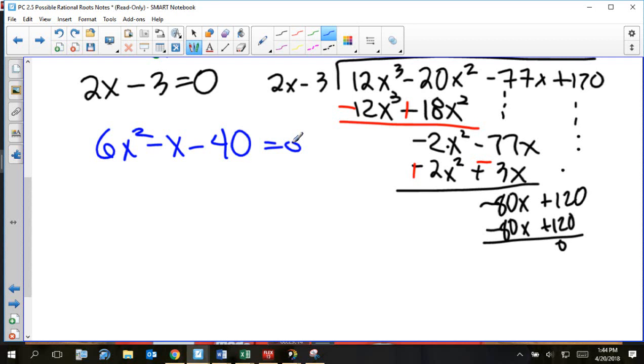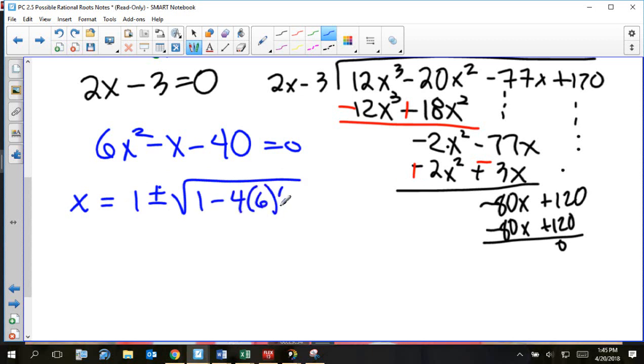We've already gotten this far. We're going to use either the quadratic formula or maybe factoring. I do not remember if this one factors, so I'm just going to do the quadratic formula. You guys have a calculator, so big numbers are okay. This one would be 1 minus 4 times 6 times -40 all over 2 times 6, so 12.